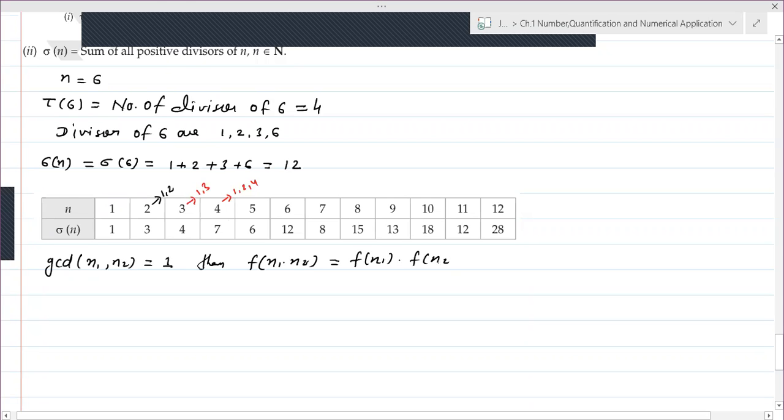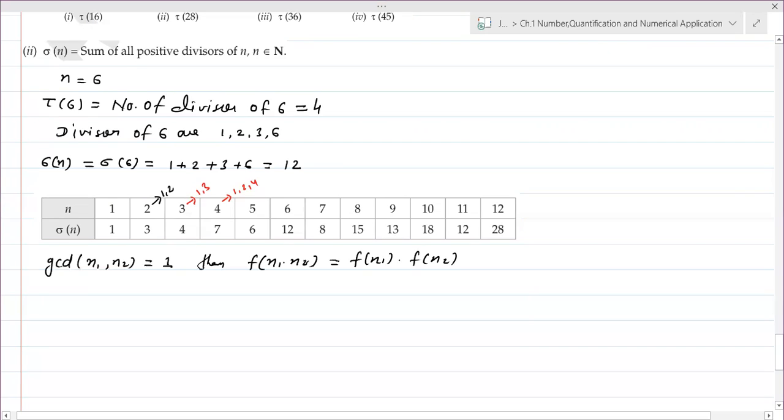Now what is your f? Here f means the sigma function, which is the sum of the positive divisors.